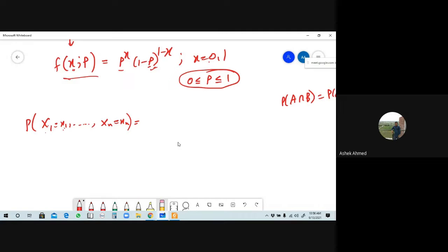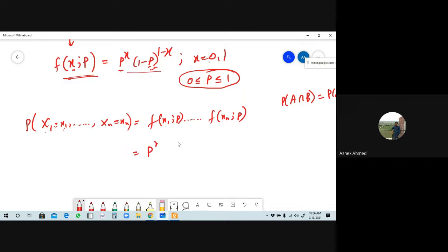That will be, by using this form, f of x1 semicolon p, into dot dot dot, and last time for xn, into, up to the last one, f of xn semicolon p. Understand? From here, tell me, if you substitute x by x1, what will it be?